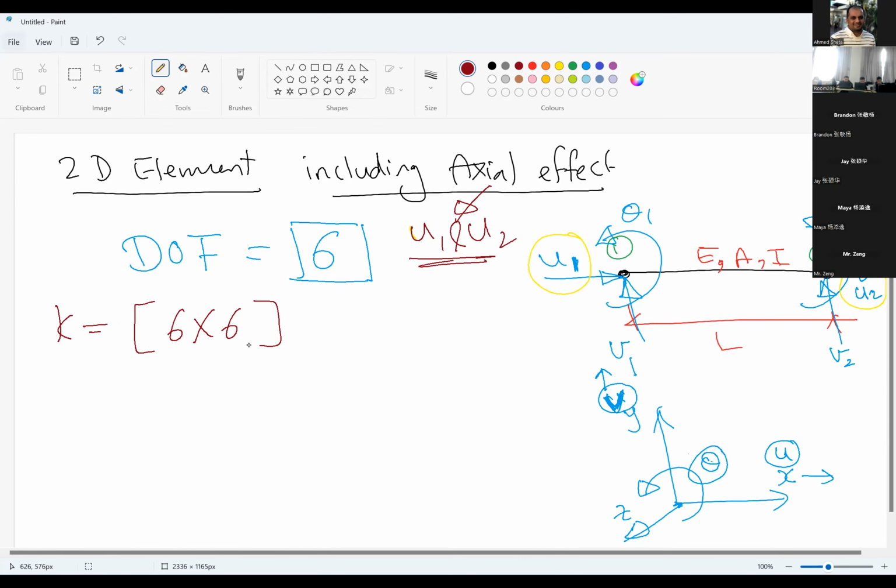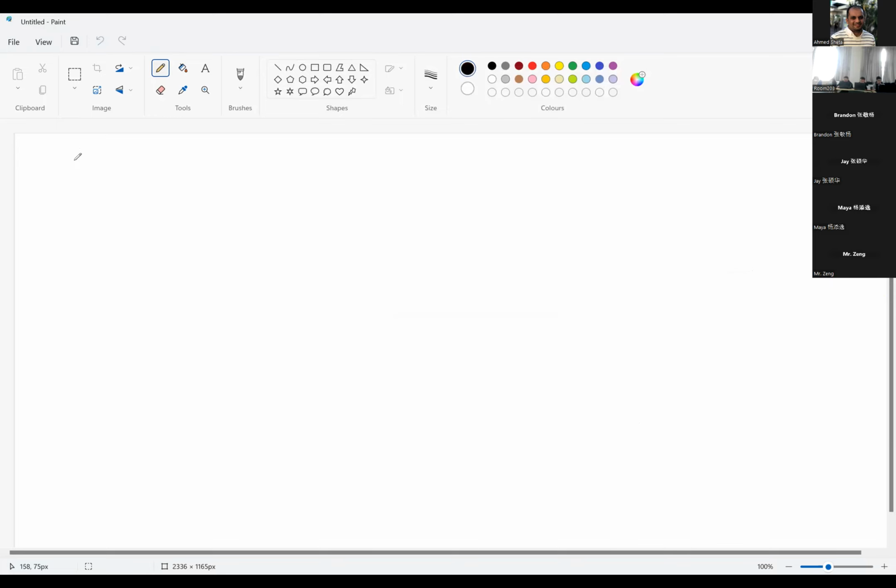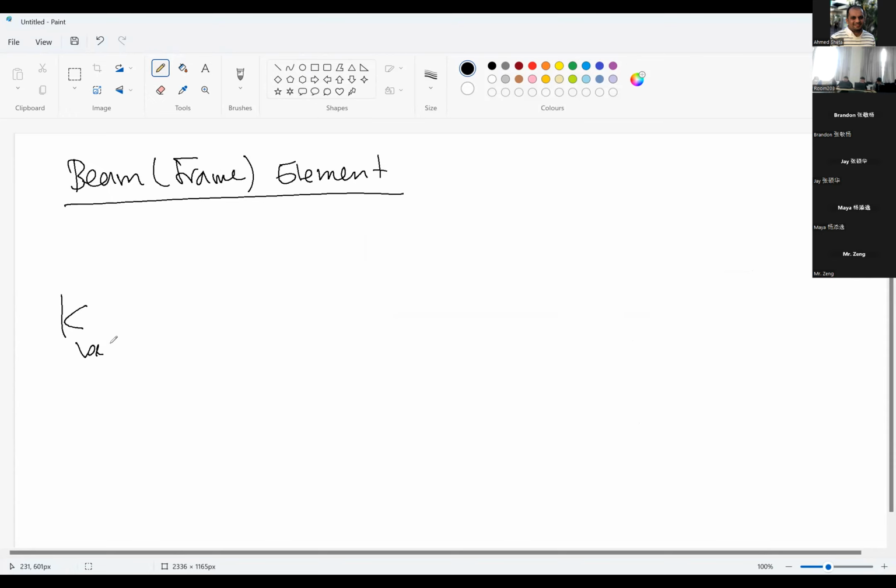Okay, so now for the beam element or frame element, K beam will become 6 by 6. I will write it down here with you.